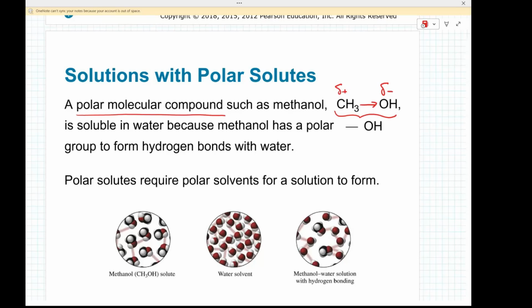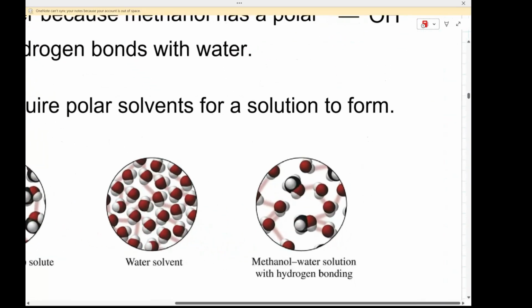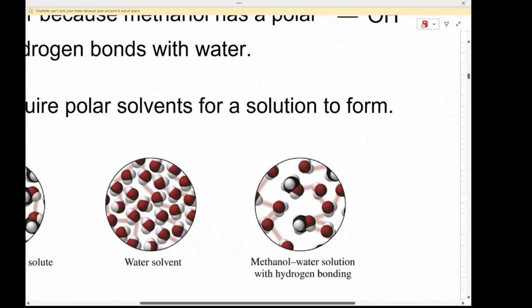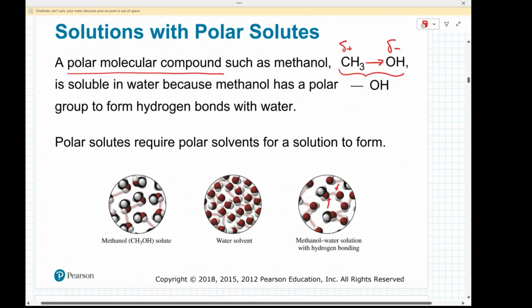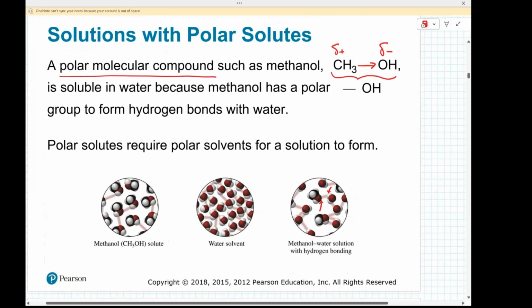So it will form those bonds between, say, oxygen and hydrogen. Am I making sense? So this is why we have solutions like basically any strong alcohol, like, okay, clear strong alcohol, vodka.